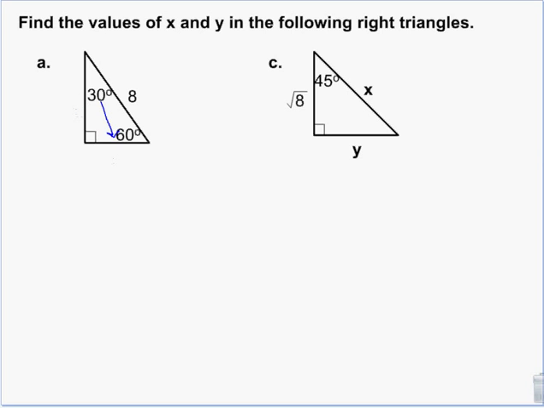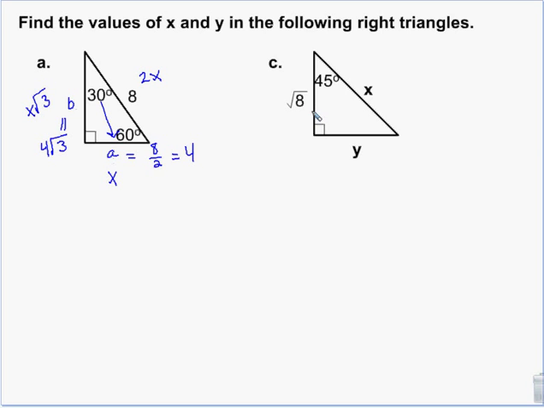I'm just going to say that this is A and B. Okay, short leg is x, long leg is x times the square root of 3, and the hypotenuse is 2x. So to find A, I need to do 8 divided by 2, so that's 4. And then once I know 4, B is 4 times the square root of 3. So here I had to divide by 2. So far okay?